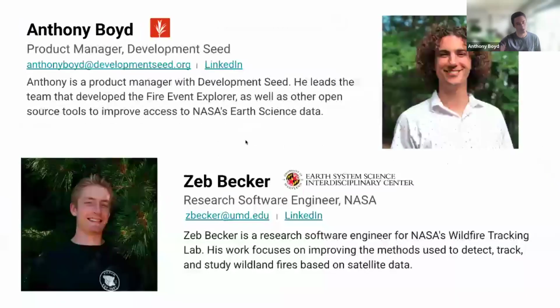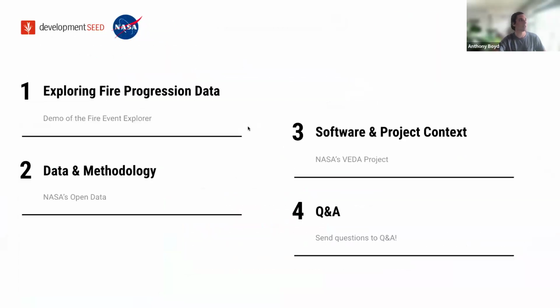Okay, let's dive right in. Our first slide here is just the bios that you just heard. Don't worry about the contact information. We'll share this at the end of the webinar, but we're super excited to be here today to talk about this tool that we built and the amazing data behind it. First we will talk through the tool that we've been calling the Fire Event Explorer, which shows fire progression data over time.